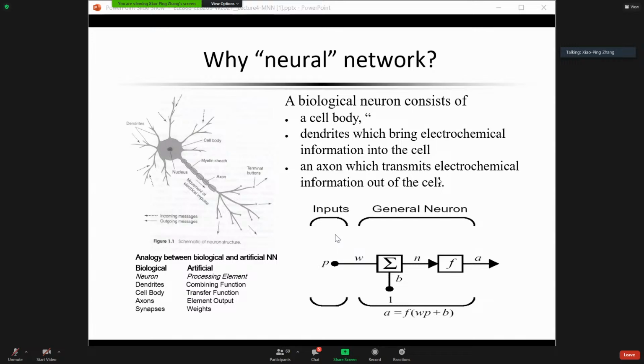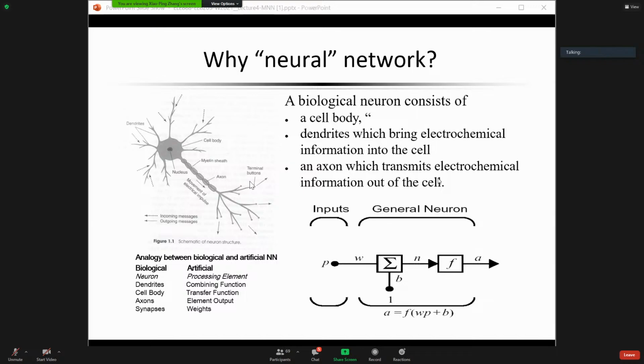So why are we doing the neural network? This is inspired by the biological neural network. Biologically, in our brain, people have found there are many neurons, interconnected, and they communicate with each other.